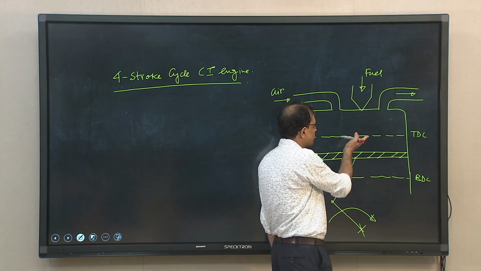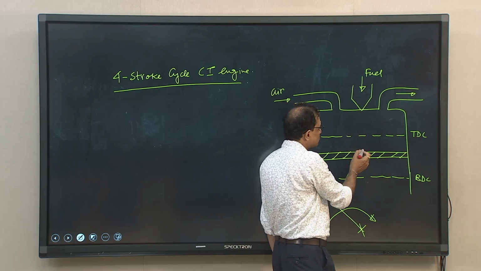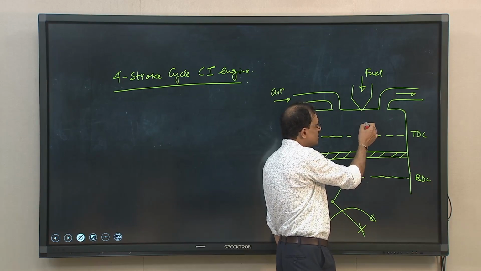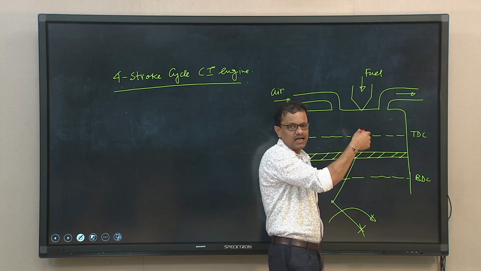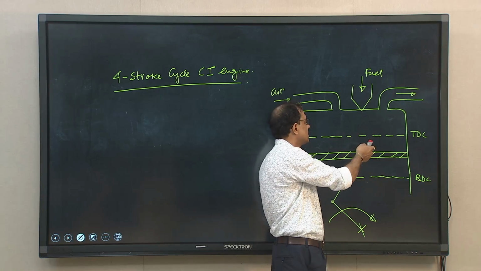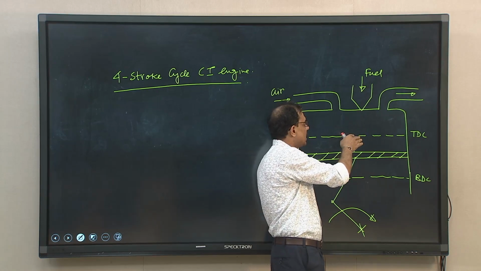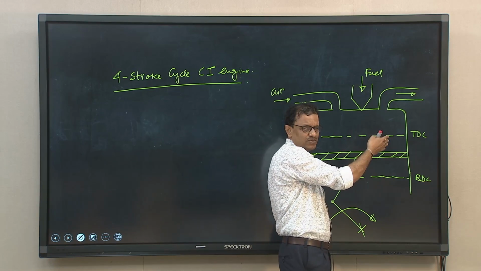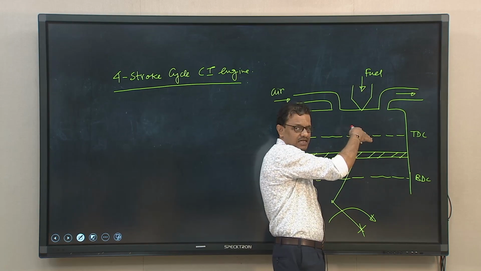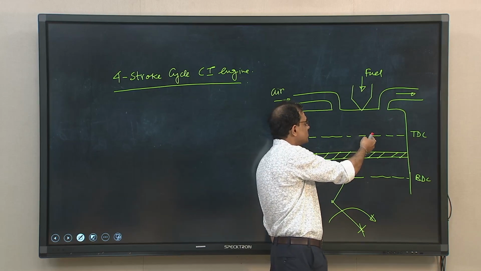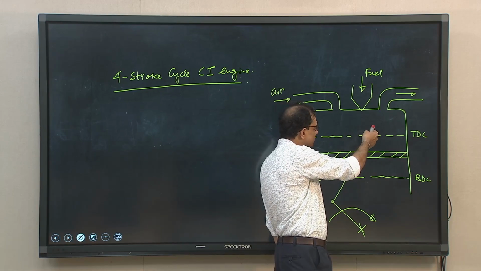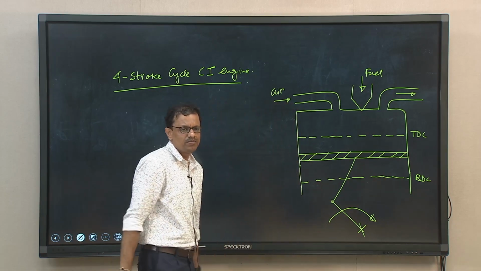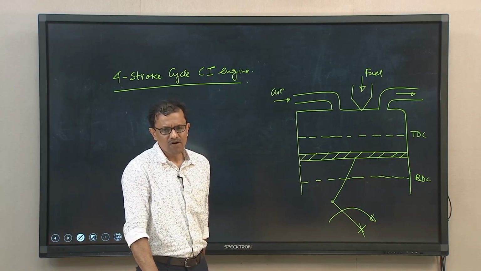So, that is known as the first phase of combustion. When the piston is yet to reach TDC, fuel will be sprayed and first phase combustion will be there, and because of this first phase combustion some pressure will develop. When the piston reaches TDC, still combustion will be there, and because of the chemical delay or ignition delay, when the piston leaves TDC towards BDC during the power stroke, still certain fuel will be there for combustion.